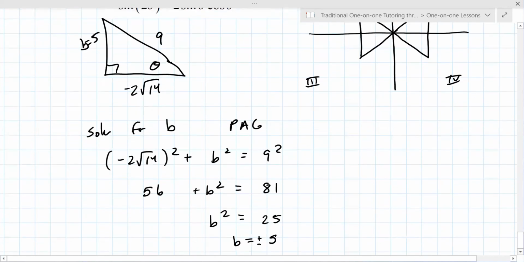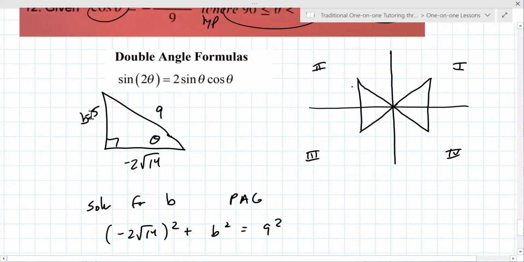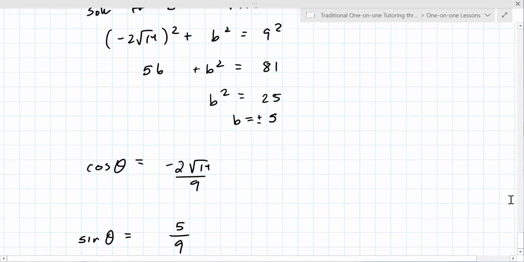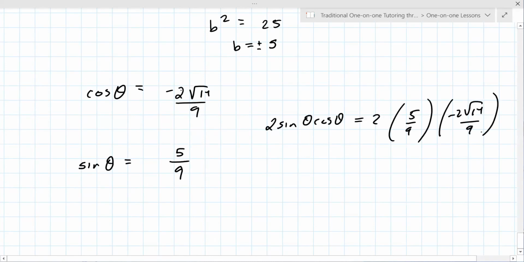So your cosine theta was given as minus 2 square root 14 over 9. I know it's not in the drawing here. Sine theta is 5 over 9. You go back up, it's the opposite over the hypotenuse. So then 2 sine theta cosine theta is 2 times 5 over 9 times minus 2 square root 14 over 9.